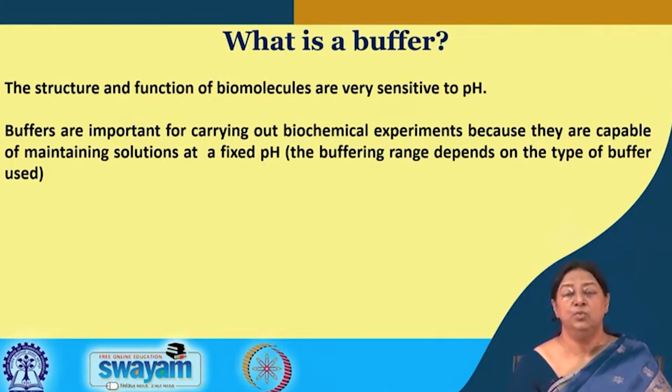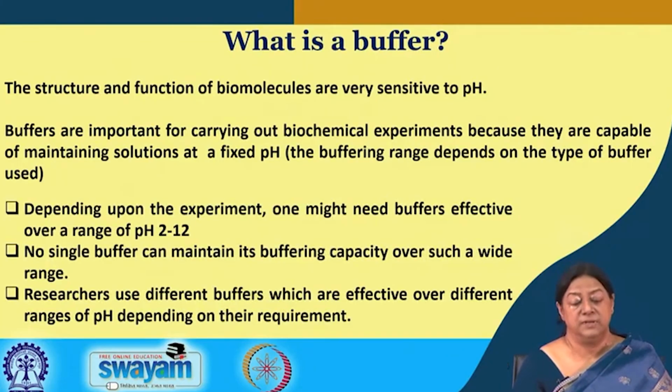For this, we have to use specific buffers that are used for biochemical experiments, that will be demonstrated to you and will be explained to you as to how you can actually calculate the amount of salt required to prepare specific buffer solutions.